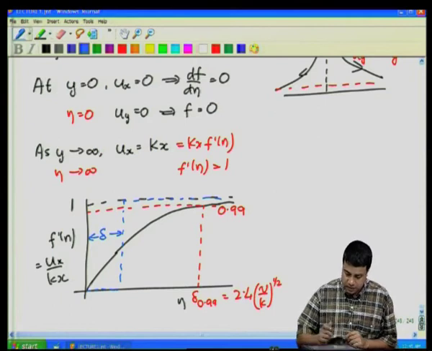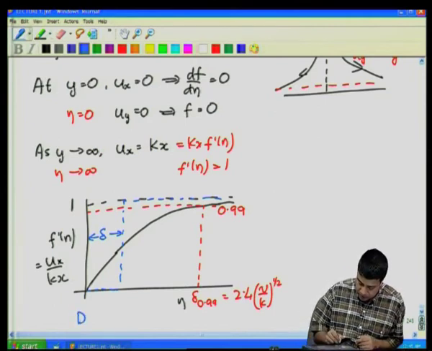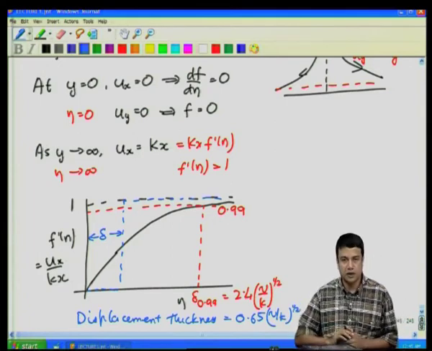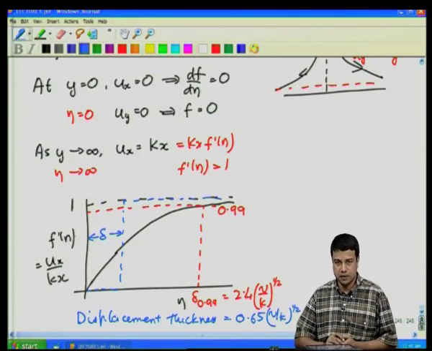And this displacement thickness in this case turns out to be 0.65 times nu by k to the half. So, the exact same calculation that we did earlier can be done in this case as well.